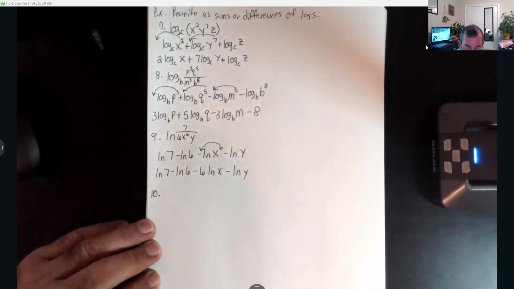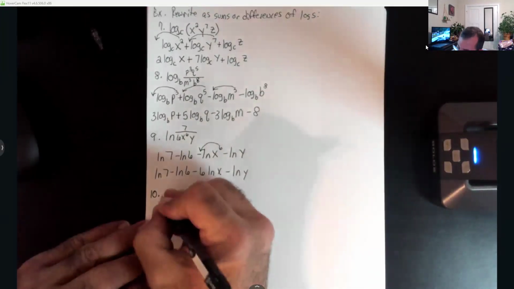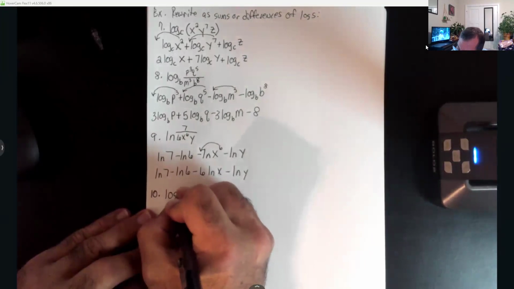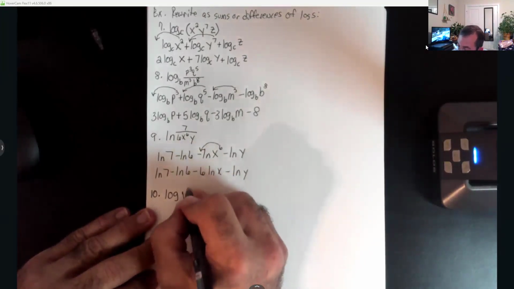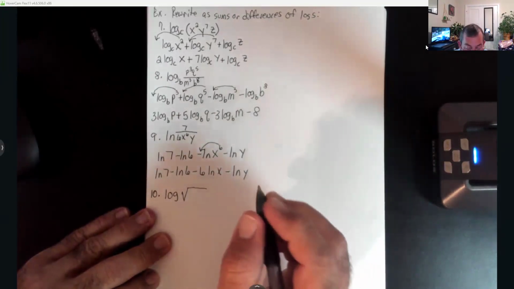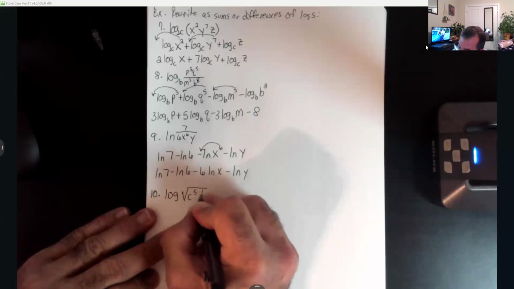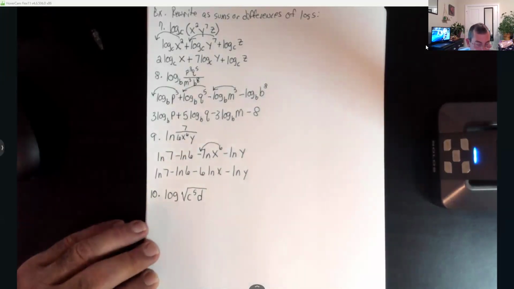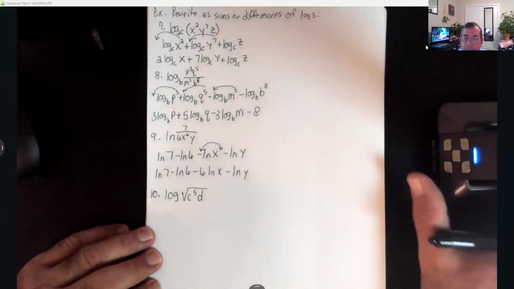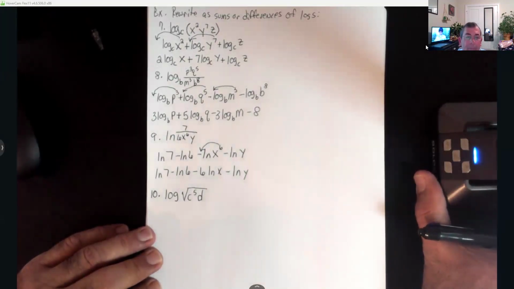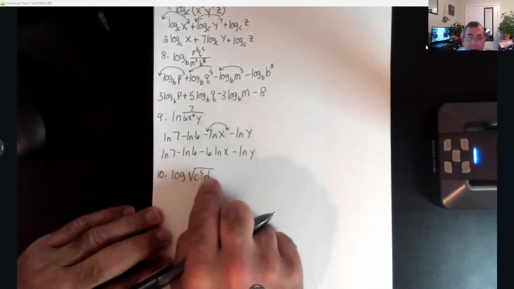All right, y'all, so looks like we can at least get one more in before we do our break. This is a log of a square root of a c to the 5th times d. All righty, so what we got to do is get rid of that radical.